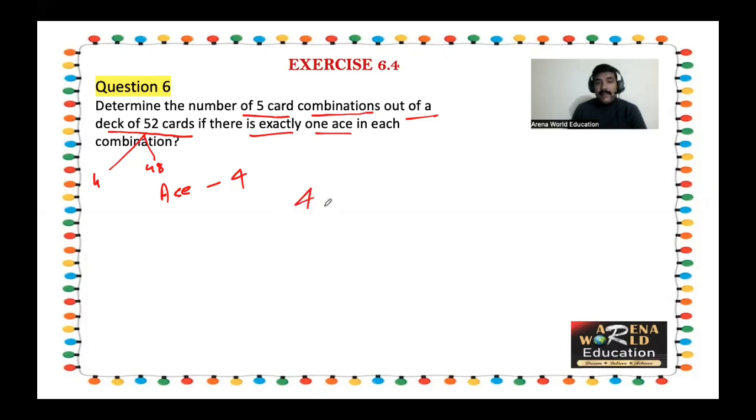So the ace card can be selected from these 4 cards in 4C1 ways, and the remaining 4 cards will be selected from the non-ace ones, because exactly one ace card is required. So this will be 48C4. So 4C1 is 4 into 48 factorial divided by 4 factorial into 48 minus 4 factorial.